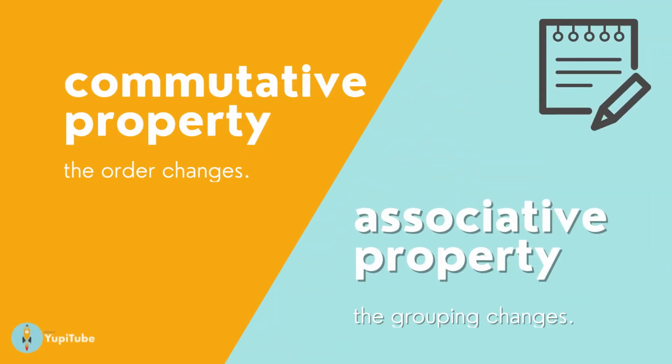Take note, the difference between associative property and commutative property is that in commutative property, the order changes. Meanwhile, in the associative property, the grouping changes.